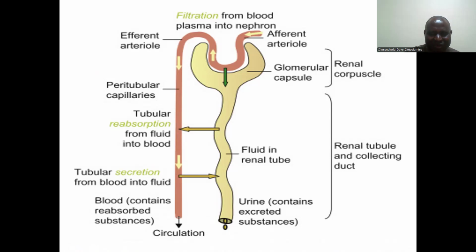Number three, if the drug is in its unionized form, and also if the drug is non-polar. When these conditions are met, the drug will certainly diffuse back into this. This is the process that we call passive tubular reabsorption. And then the drug is taken back quickly into the general circulation.